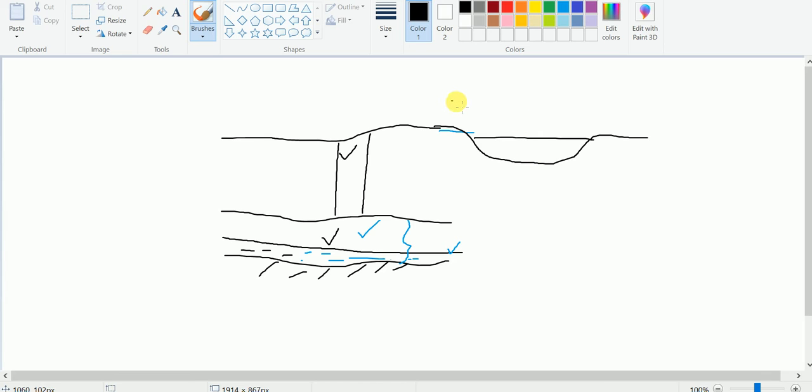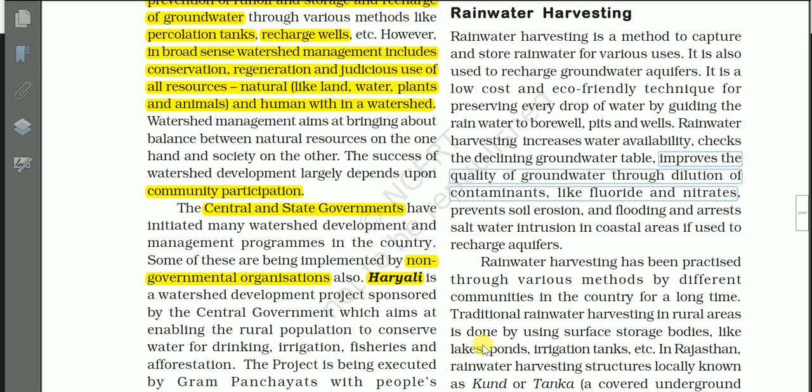So rainwater will be stored here, it will be infiltrated going down and thus reaching the aquifer. And when it is recharged, then the water table will become higher and higher. And in this case, due to dilution of the groundwater by the fresh water, the concentration of toxic substances like fluoride and nitrates will be low.